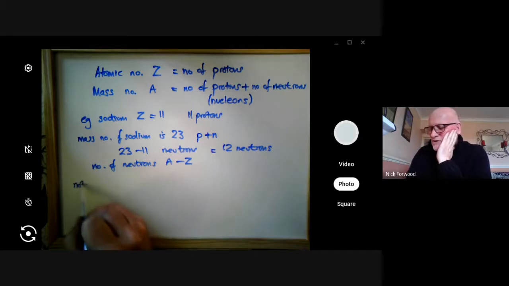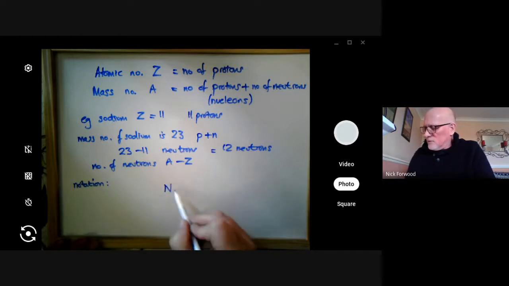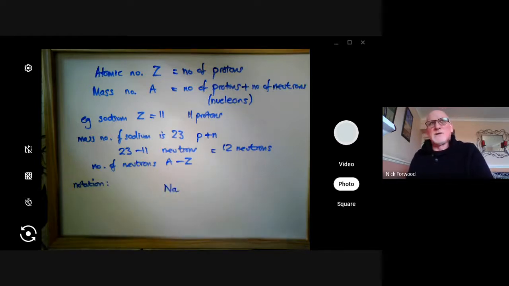And a notation is just a shorthand way of giving some basic information about our element sodium. So sodium has the symbol Na, which I think is Latin for the old word for sodium. Sodium's a modern word. The old word for sodium was natrium. And we're going to say, right, we've got 23 protons and neutrons, and I'm going to put that up there, that information I'm going to write at the top, and I've got 11 protons, and I'm going to write that at the bottom.